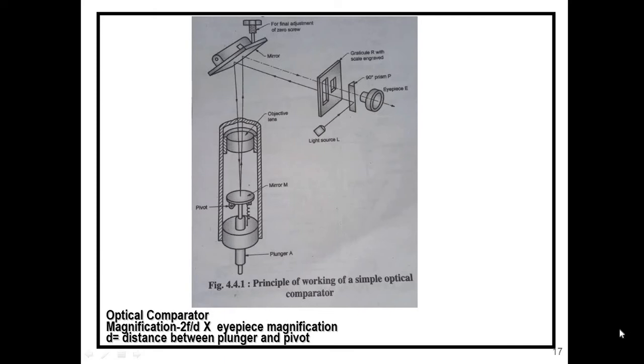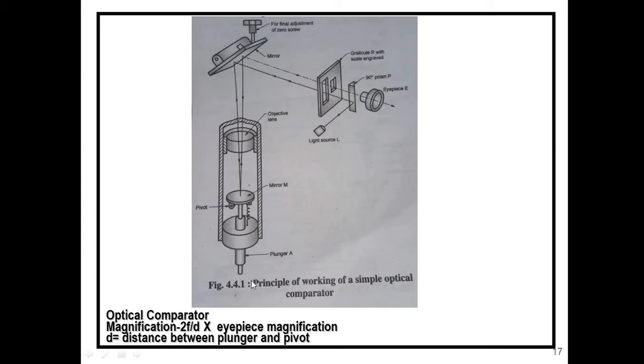As discussed in the last lecture also, whatever mechanical movement is taking place at the input element, the input signal is a mechanical movement, so it is sensed at the bottom of the plunger A. This mechanical movement is due to the dimensional difference between the standard component and the actual component. So due to that difference in dimension, this plunger will move in upward and downward direction.